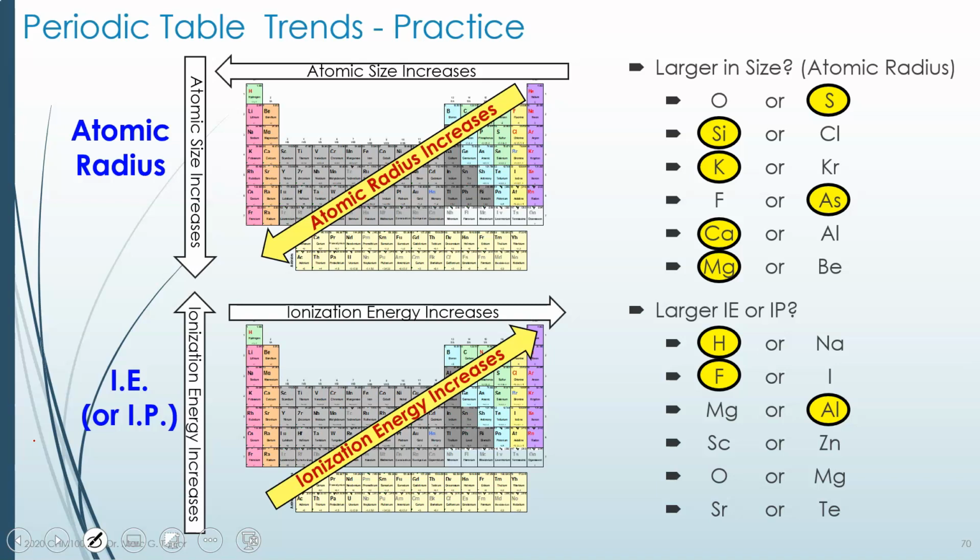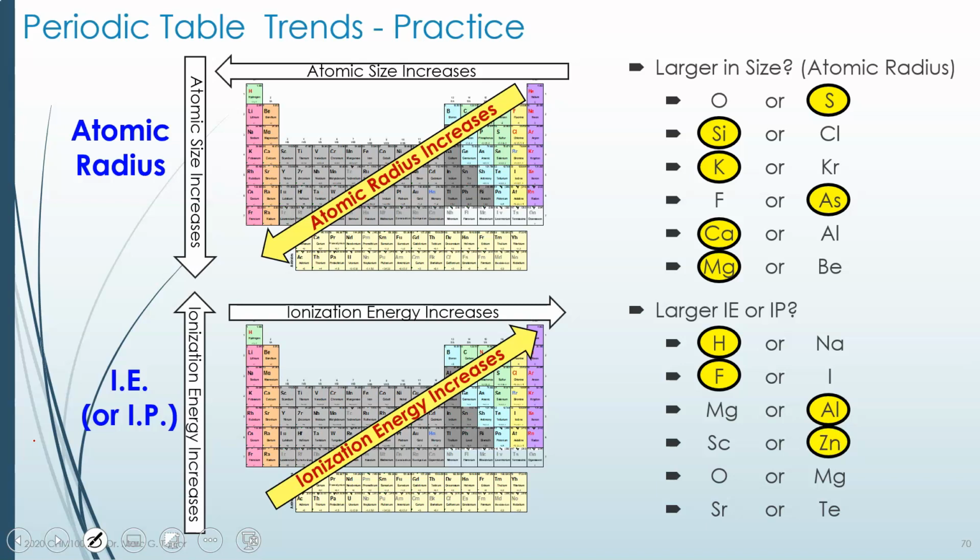So if I was to move the arrow out of the way, it would be right underneath the letter I in the word increases on the periodic table. That's where zinc is. So you have one on the left, one on the right, and the ones on the left are easier to remove than the electrons on the right. So zinc will have the higher IP.